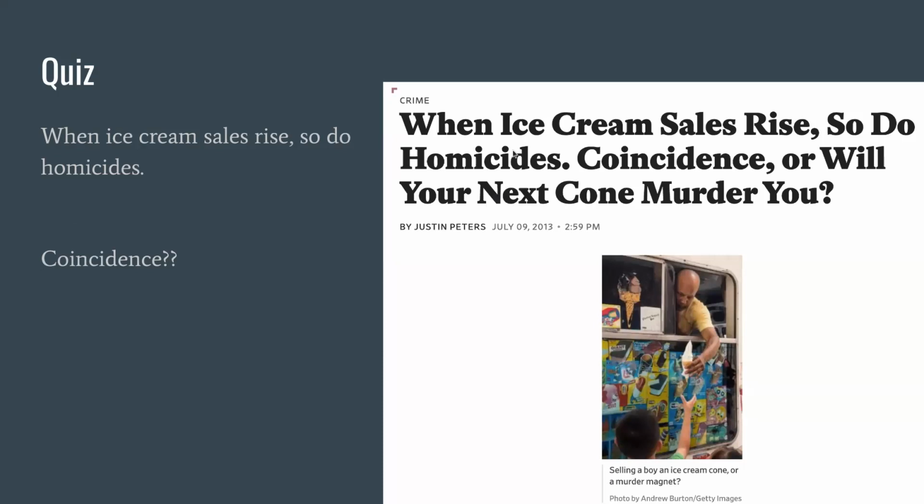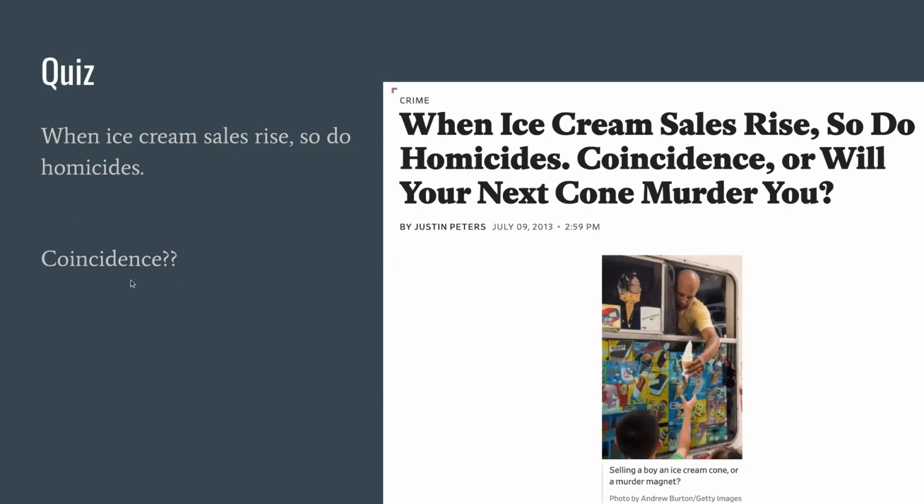Here's another quiz. When ice cream sales rise, so do homicides. This was actually an article. So we see that there's a positive correlation between ice cream sales and homicide.